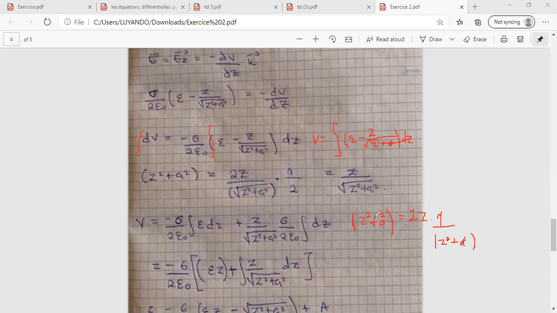So I'm going to have 2 over that. Yes, so that is my integration for an expression z squared plus a squared with respect to dz.